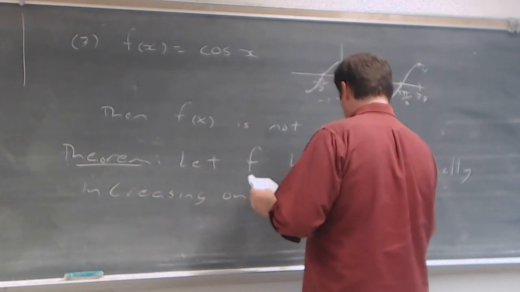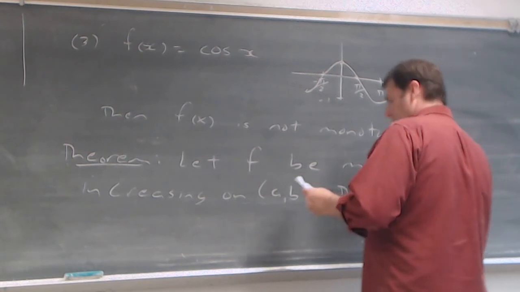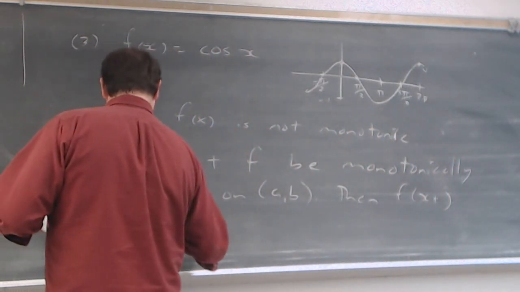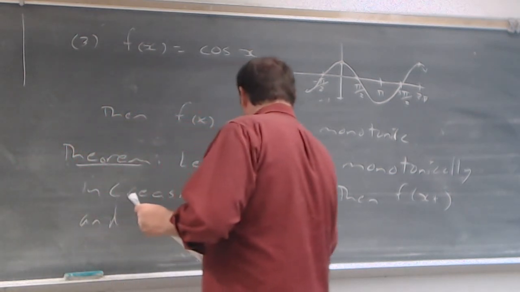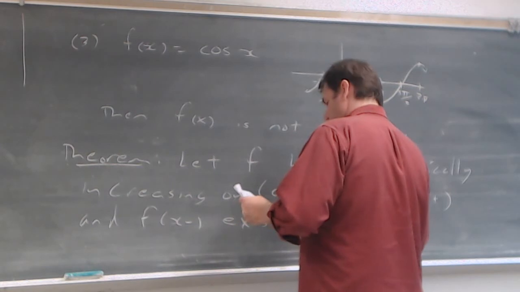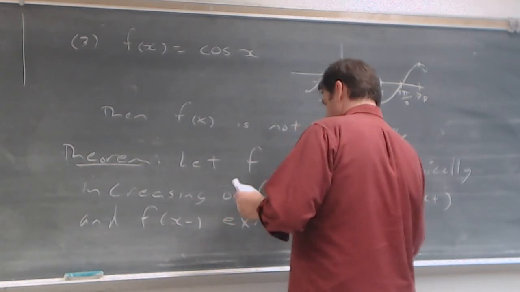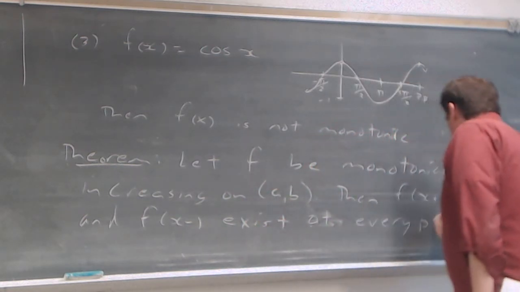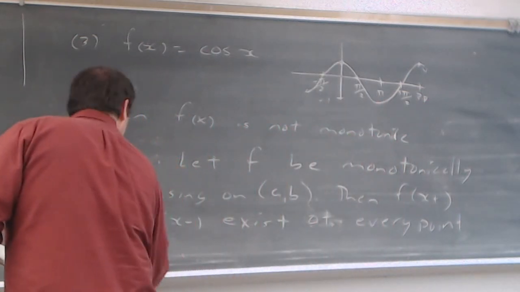Then f of x plus and f of x minus, so the right-hand limit and the left-hand limit, exist at every point x in a to b.